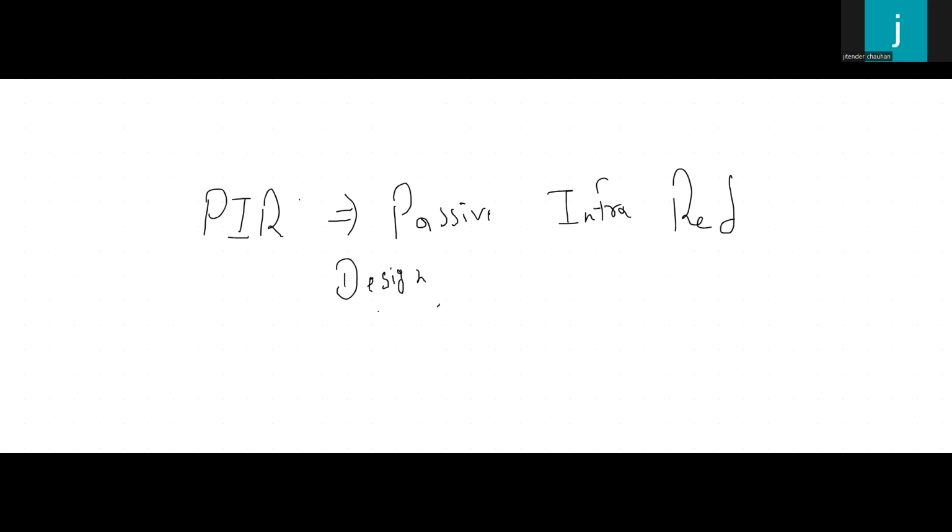This sensor has two slots or elements, and these slots are made up of a special material which is sensitive to infrared radiation. The two slots are IR sensitive.